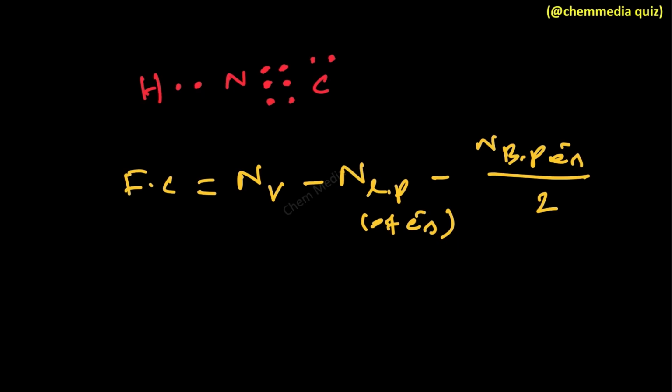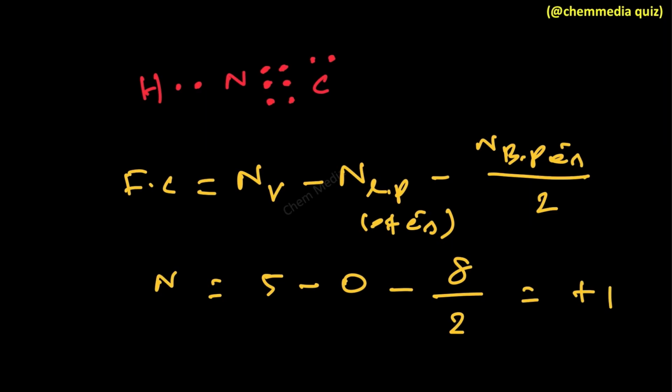So therefore for nitrogen it would be 5 minus, we have no lone pairs, therefore 0, minus we have 4 bonds, so therefore 8 by 2, which means it is plus 1. So the formal charge on nitrogen is plus 1.